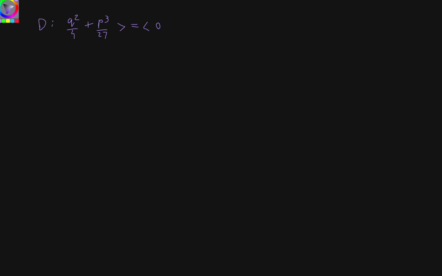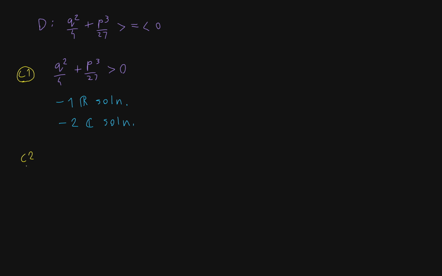So the first case is q squared over 4 plus p cubed over 27 is greater than 0. With this, we're going to have one real solution and two complex solutions, okay?